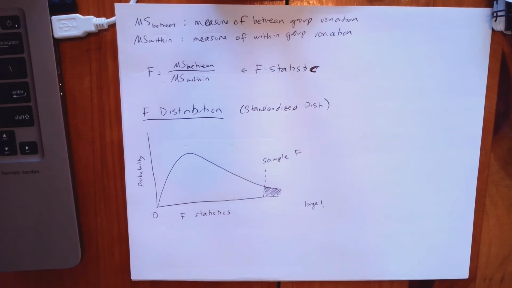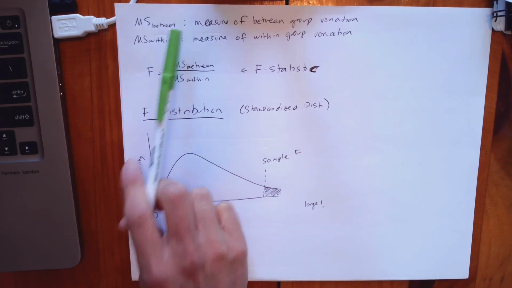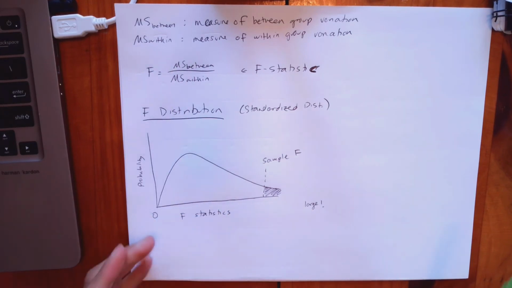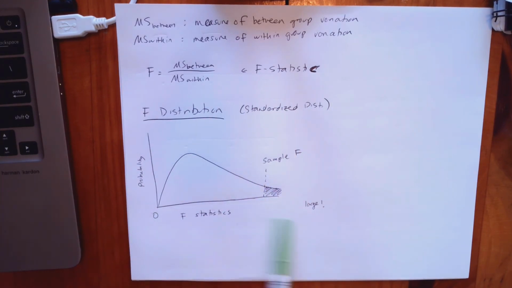So how the analysis of variance test works is that you take a couple of samples, you compute the mean squares between and the mean squares within that tell you how different the samples are from each other and how different observations are within each sample. You use that to calculate an F statistic, and then you plot that F statistic on your F distribution.